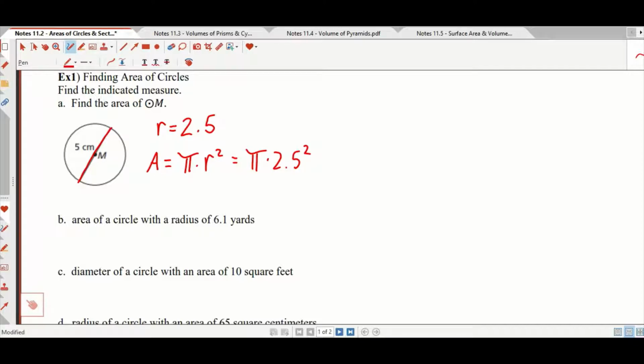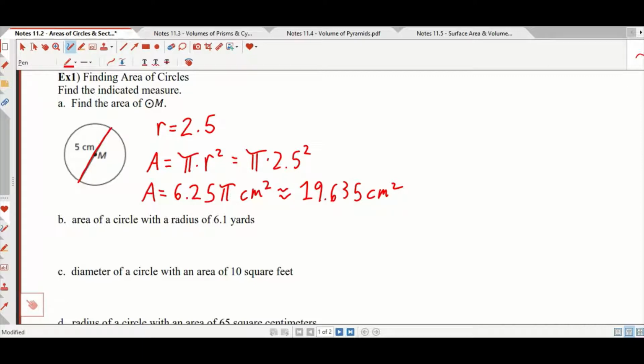Now 2.5 squared is 6.25, so the area is equal to 6.25 pi centimeters squared, which again, depending on what object we're talking about, may or may not be terribly helpful. So you might want to do 6.25 times your calculator's version for pi, 19.635, about 19.635 centimeters squared. Not too bad.